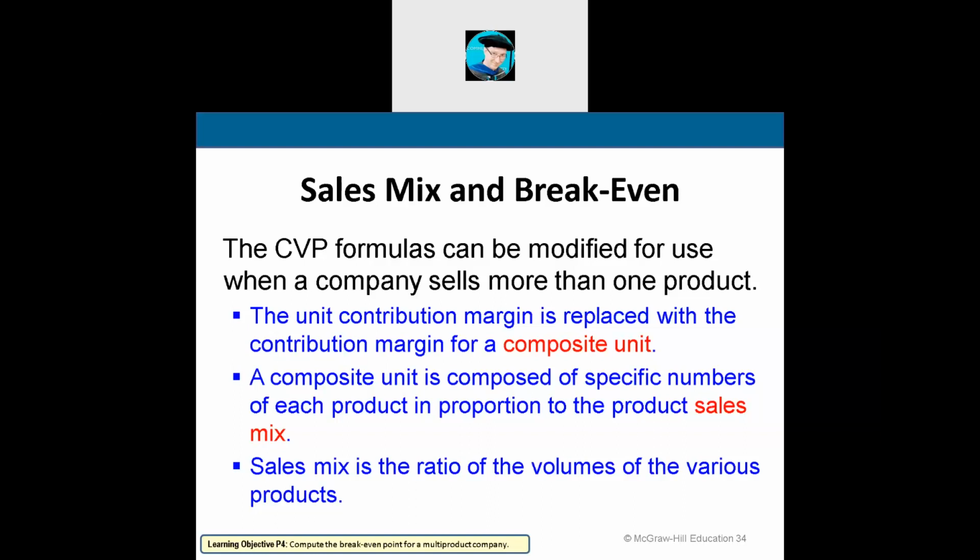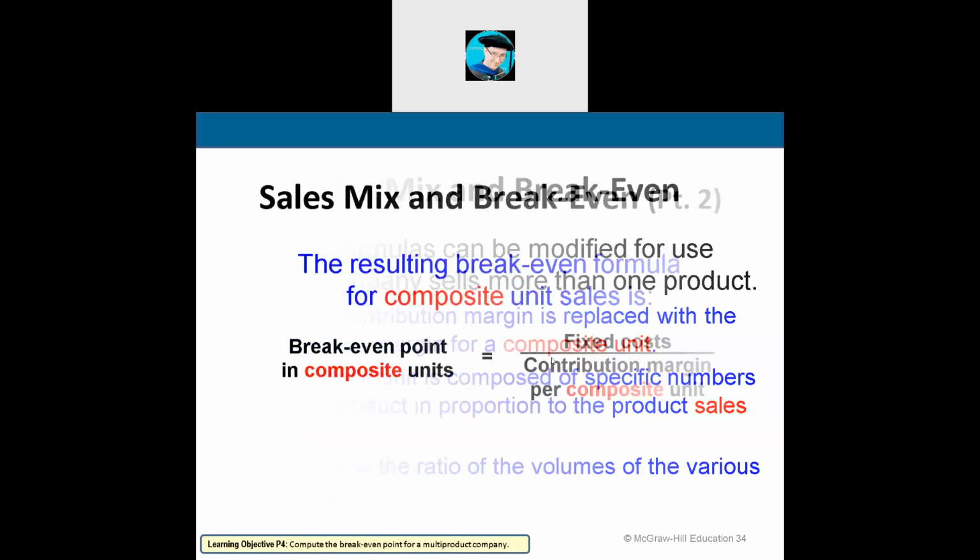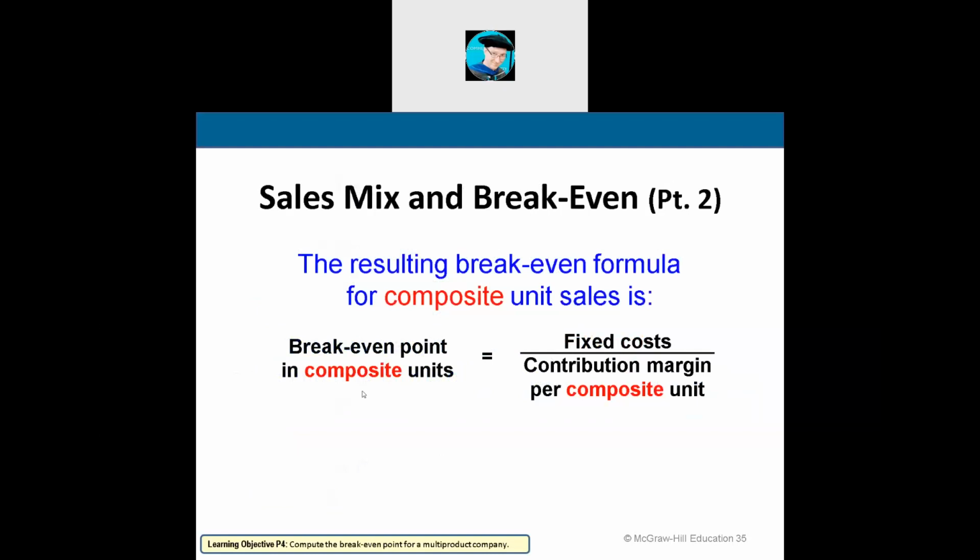We can find break even using that mix of products. And we do that by applying ratio amounts to each product based off of their sales volumes. Let me show you how that works. We call it a composite unit.